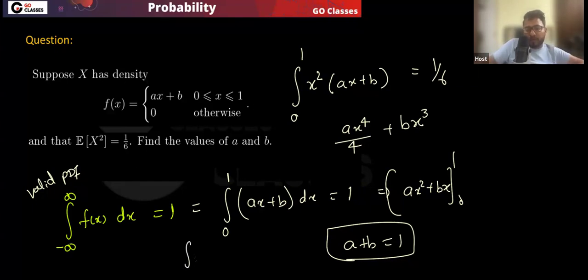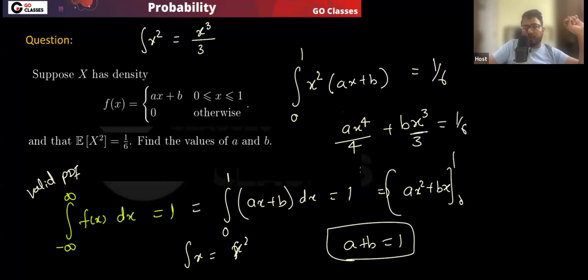What is the integration of x squared? Using x power n plus 1 by n plus 1, it is x cube by 3. So the integration of b x squared will be b x cube by 3, from 0 to 1. So I think it will be a by 4 plus b by 3, something like this.